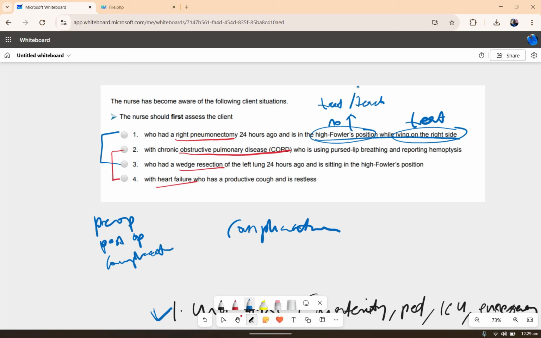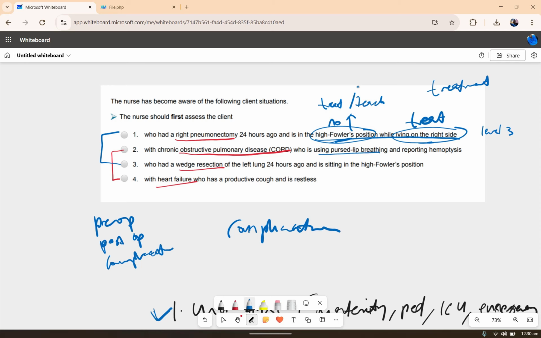And for this as well, even if the patient should not be lying on their right side, I cannot treat. I can only teach. And the NCLEX prioritizes treatment over teaching. So I definitely know this patient will likely be my level 3 patient. So that way I'm gone.